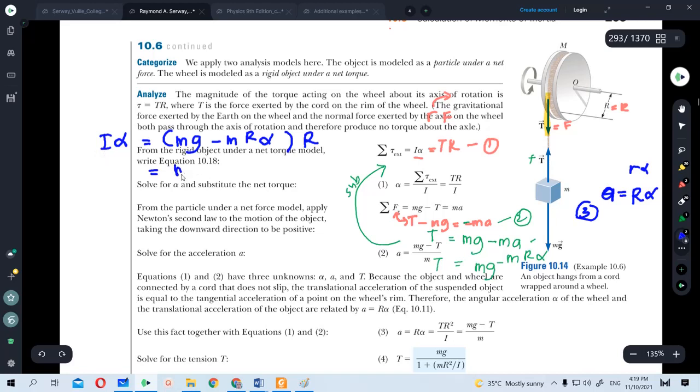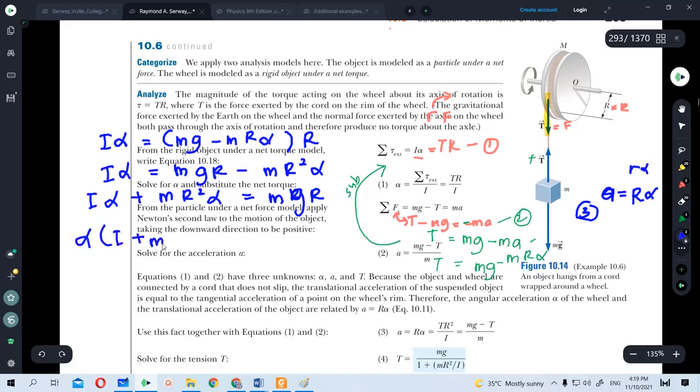So you have mgR, mr squared alpha, and I alpha on the other side. Factorizing alpha, alpha times I plus mr squared equals mgR.